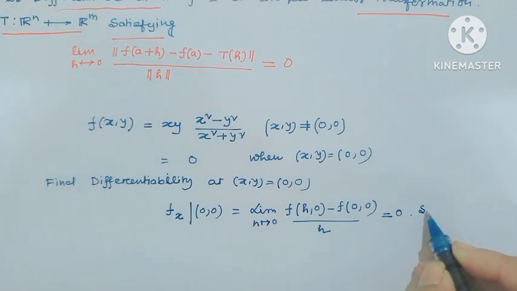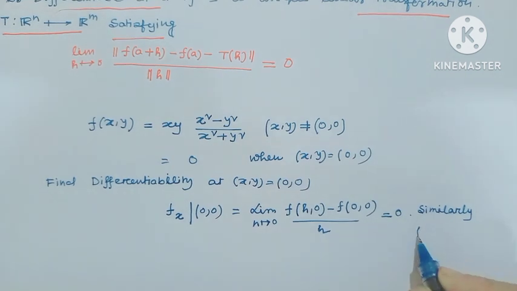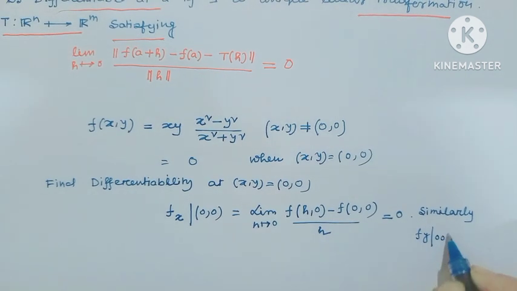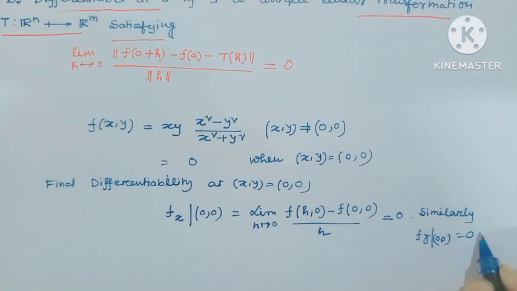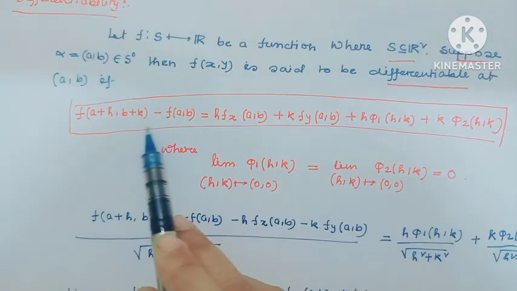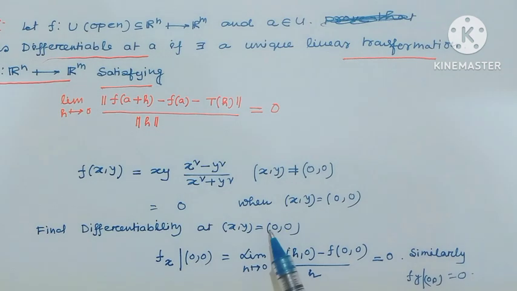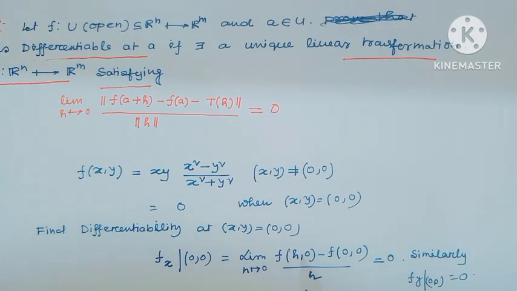Similarly, fy at the point (0, 0) is equal to 0. Then for differentiability, here I will use these rules. The point is (0, 0), we have to check the differentiability at the point (0, 0).